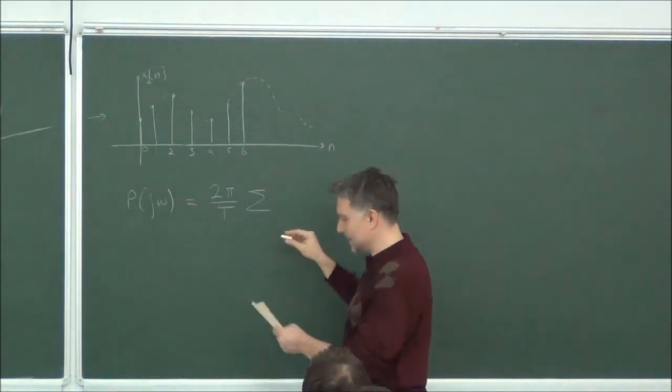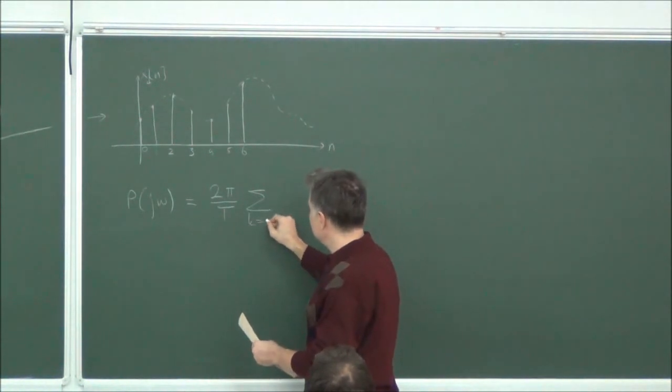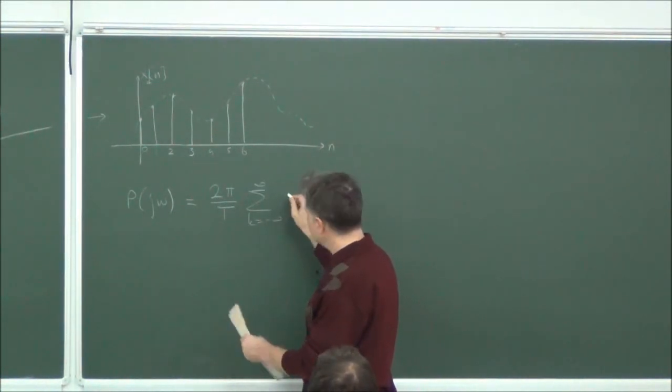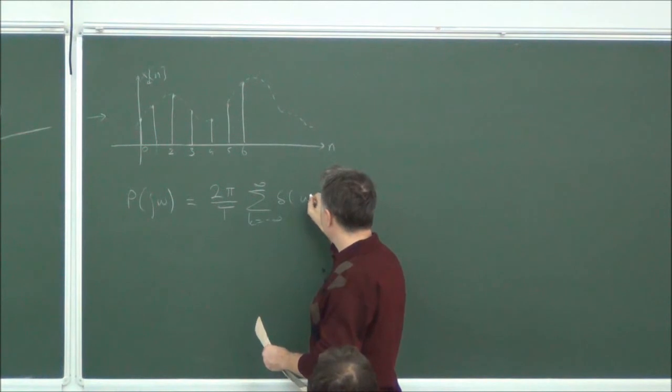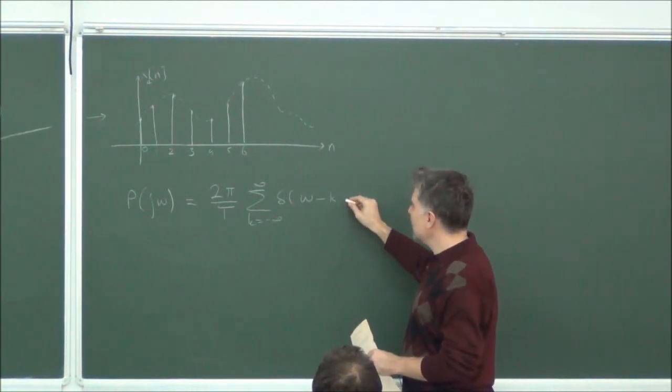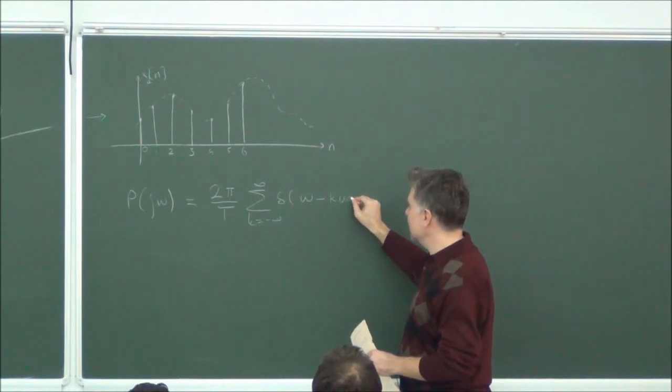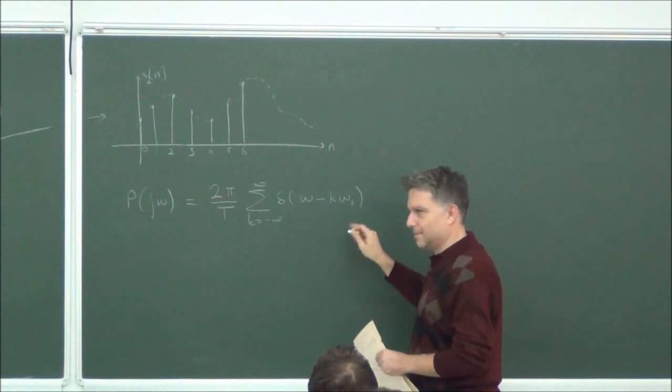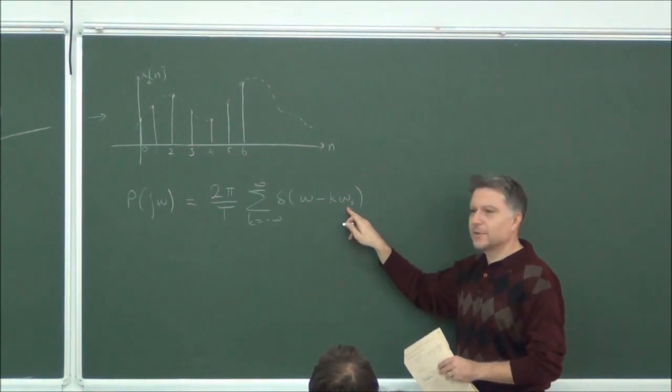They are also periodically extended. Sum over k from minus infinity to infinity, delta of omega minus k times the fundamental frequency, which I will call omega s. This is the fundamental frequency.